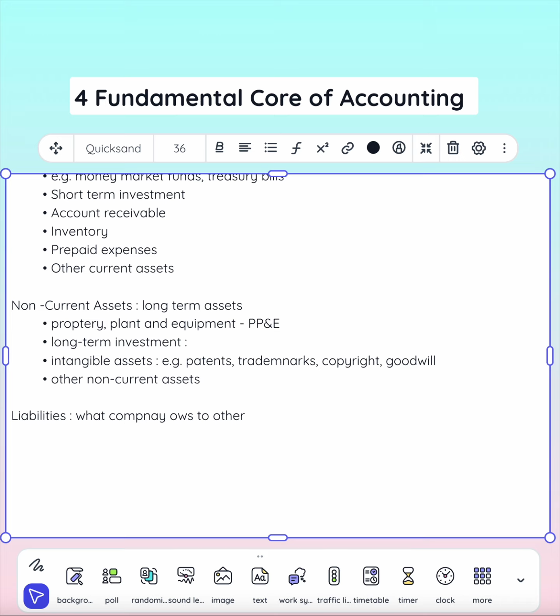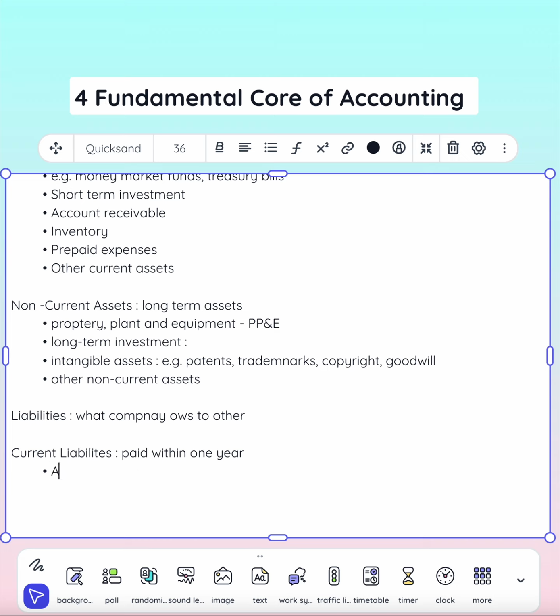Liabilities are divided into two types. You have current liabilities, which are obligations expected to be paid within 1 year or the normal operating cycle of the business.